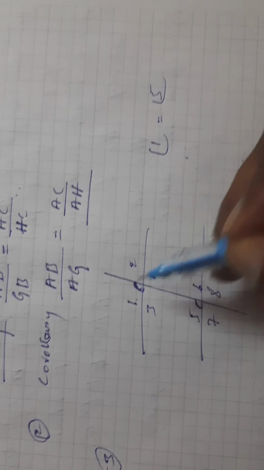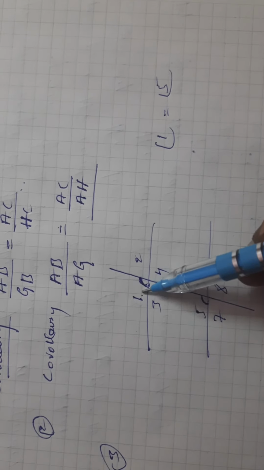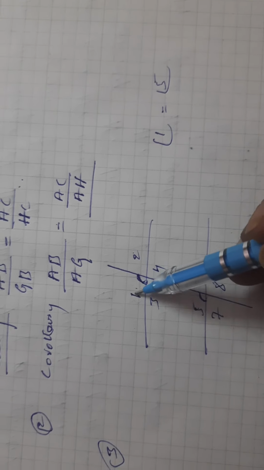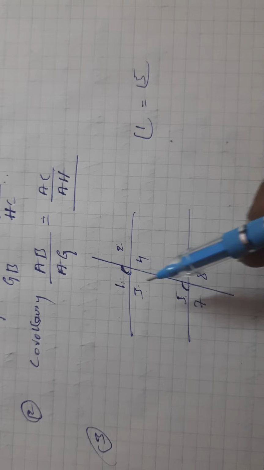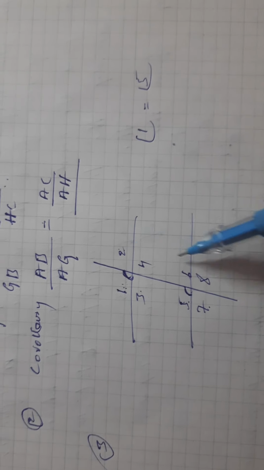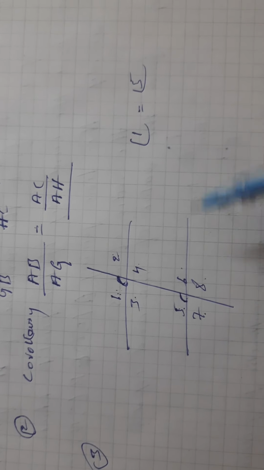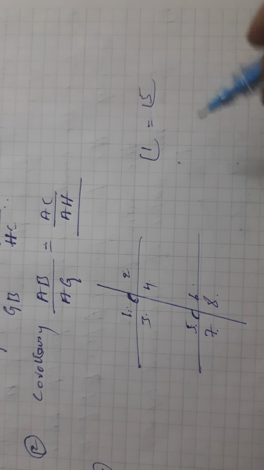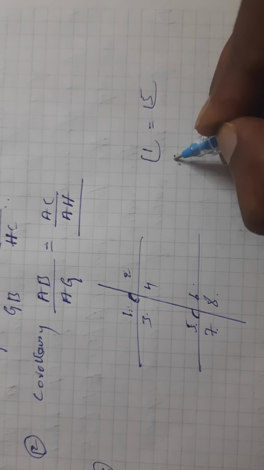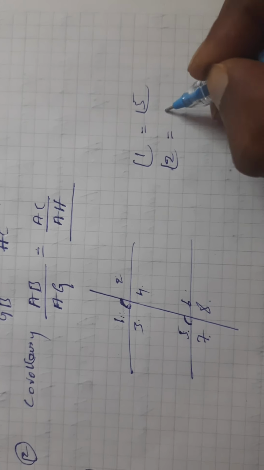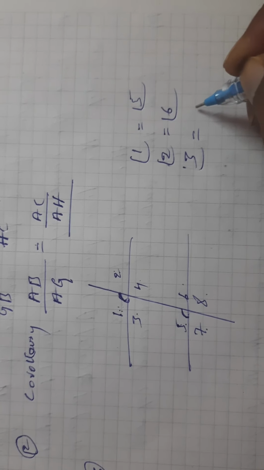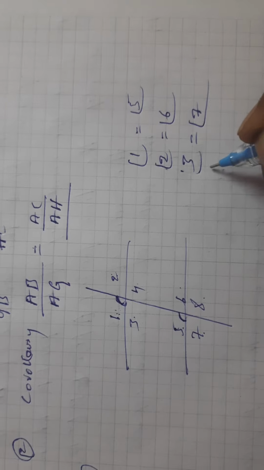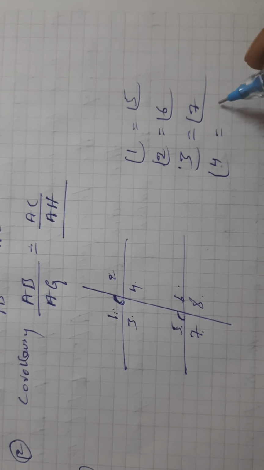Corresponding is nothing but the position of the angle being the same. That is, angle 1 is equal to angle 5. What about 3? 3 and 7, 2 and 6, 4 and 8. These angles are equal. That means angle 2 is equal to angle 6, angle 3 is equal to angle 7, angle 4 is equal to angle 8.